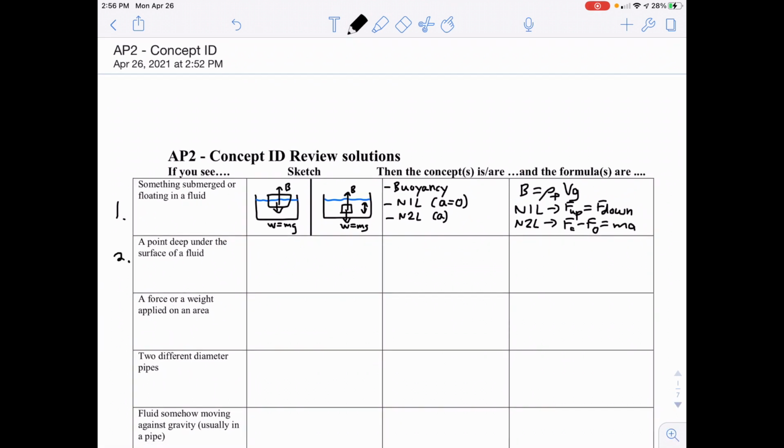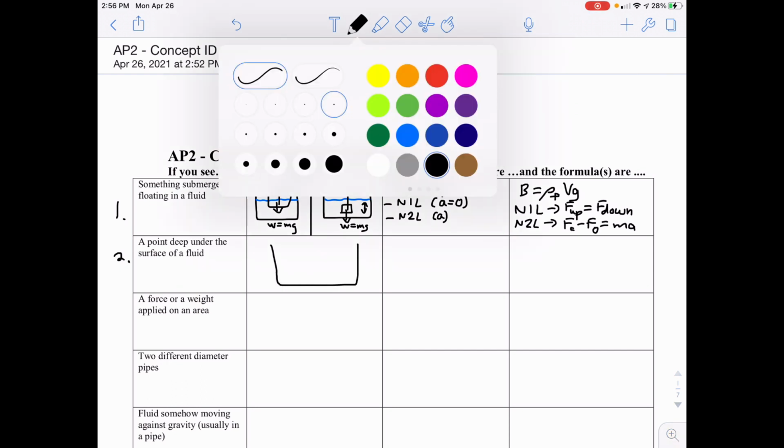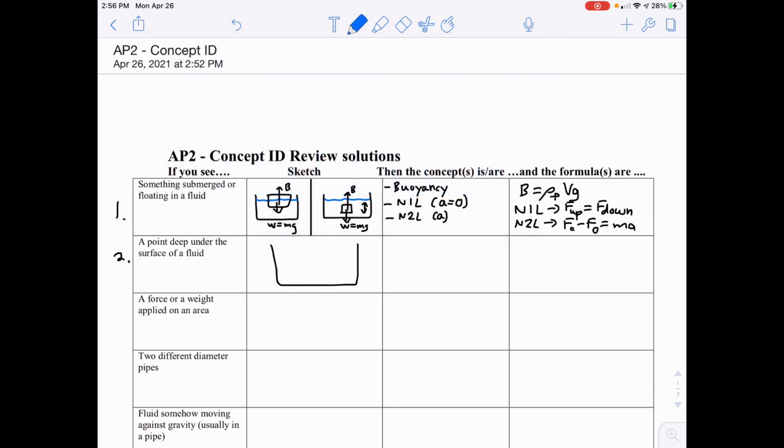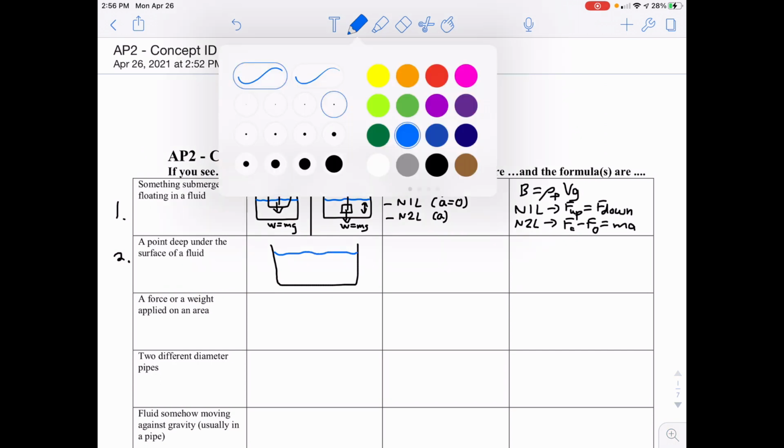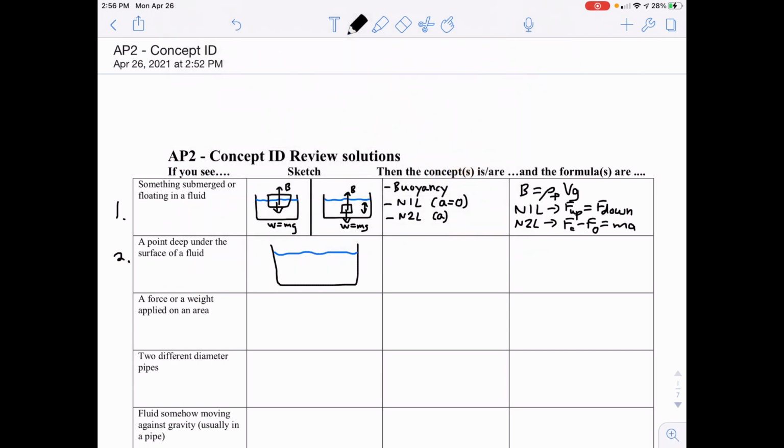Number 2, what about a situation where we have a fluid, and let's say you are dealing in the problem with a point that is submerged deep under this fluid, so some point P deep under the surface of the fluid?